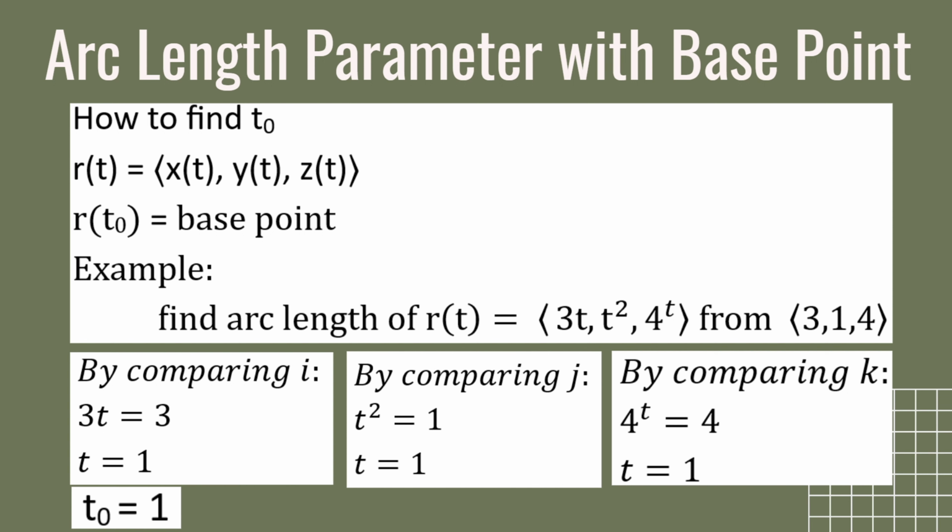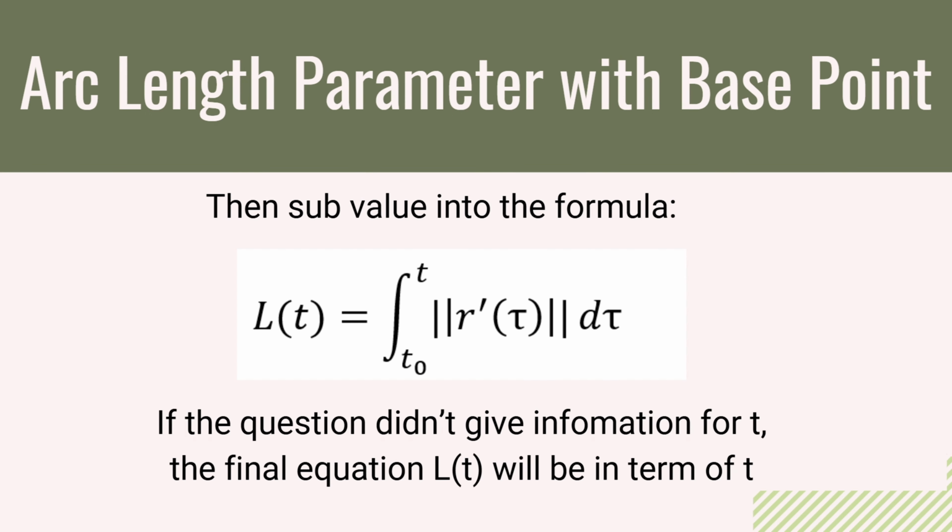By comparing k, 4 to the power of t equals 4, then t equals 1. Since all three show that t equals 1, therefore t0 equals 1. After obtaining t0, substitute it into the formula, and if the formula doesn't give information for t, the final equation of L(t) will be in terms of t.